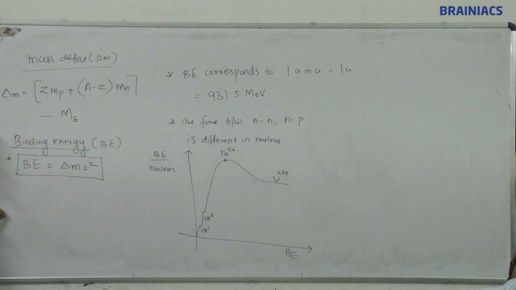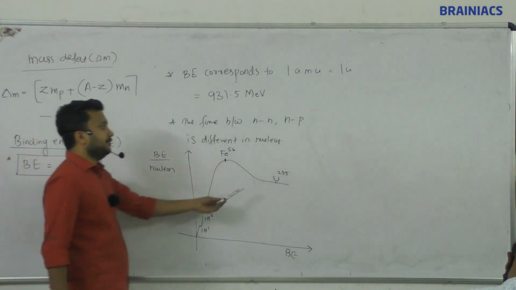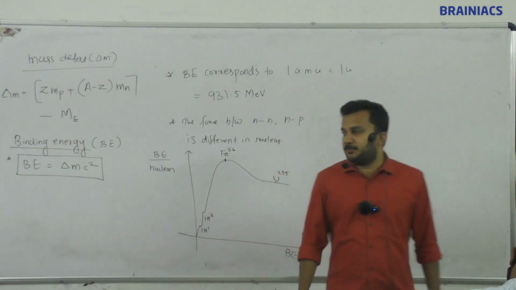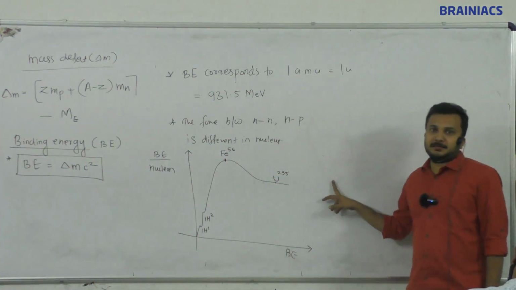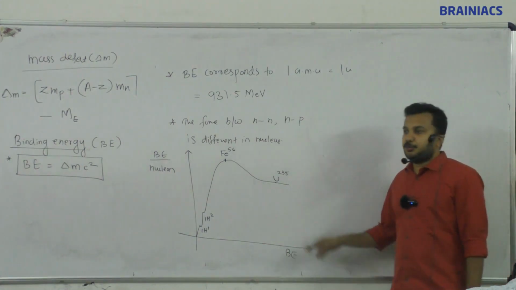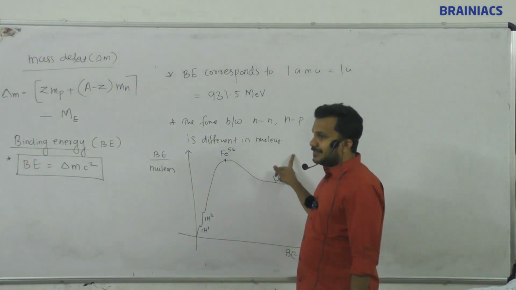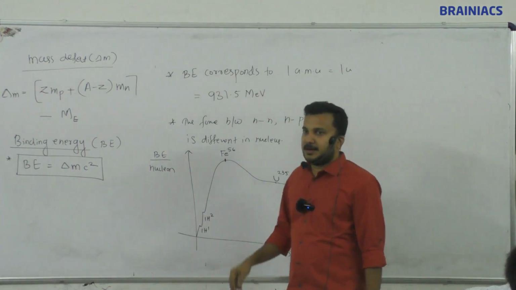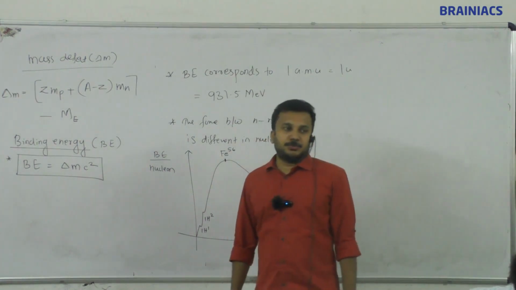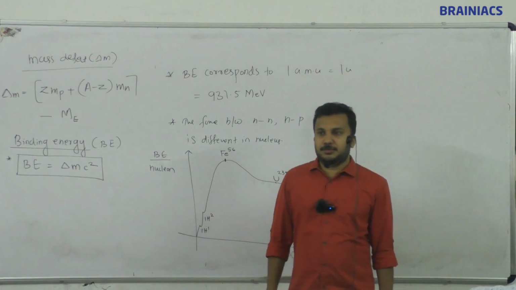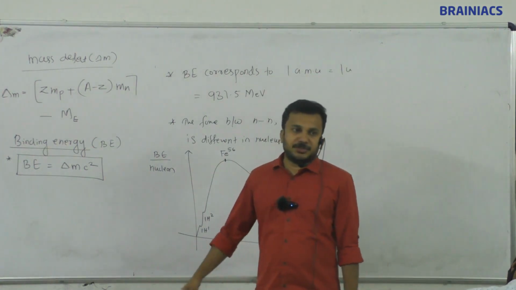Towards the right side of the graph, heavier elements like uranium-235 are unstable, and they are used for the nuclear fission process.